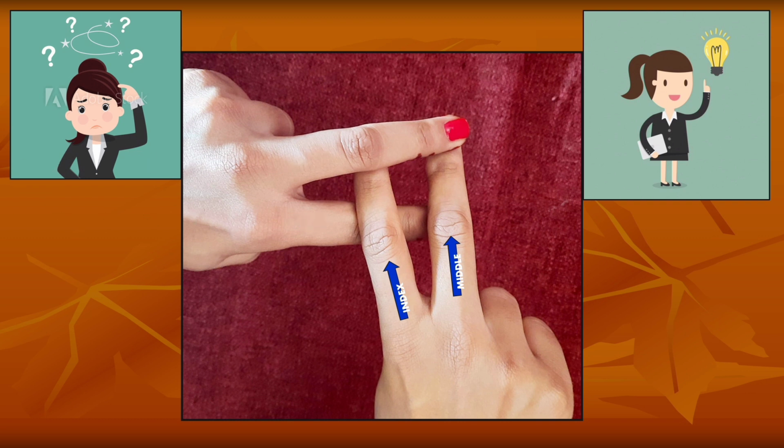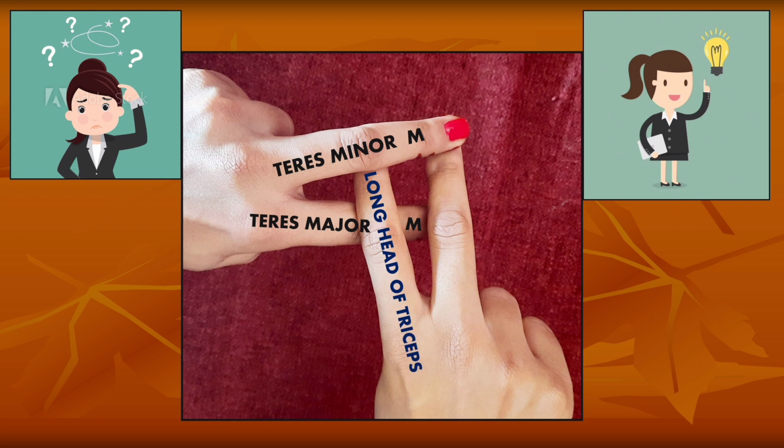Index finger and middle finger of one hand will be labeled as teres minor muscle and teres major muscle. Teres minor muscle lies above the teres major muscle, and index finger and middle finger of the other hand will be labeled as long head of the triceps and humerus near the upper part. So this gives the idea about the boundaries of the spaces.